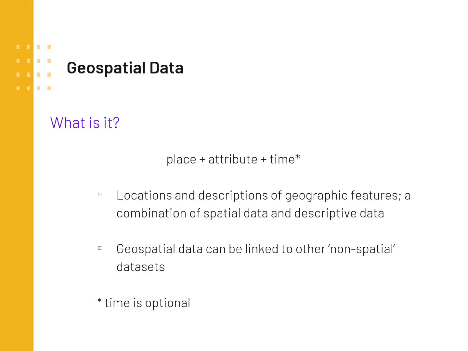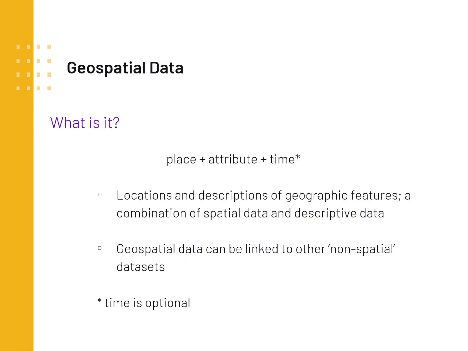What exactly is geospatial data? It's place, an attribute, and optionally time. So essentially it's the locations and descriptions of geographic features. It combines spatial data as well as those other descriptive attributes. This geospatial data, the location data, can be linked with other non-spatial data sets.